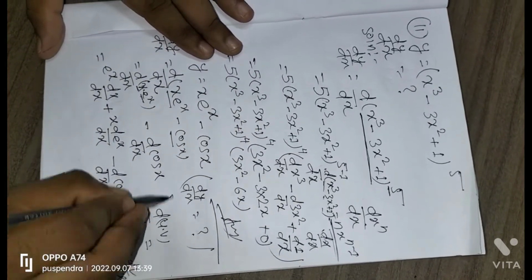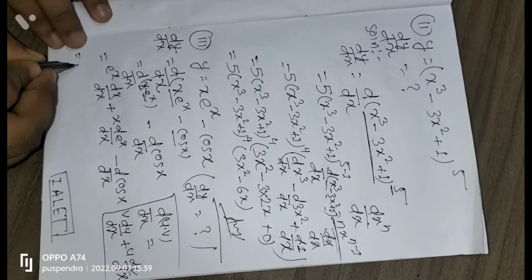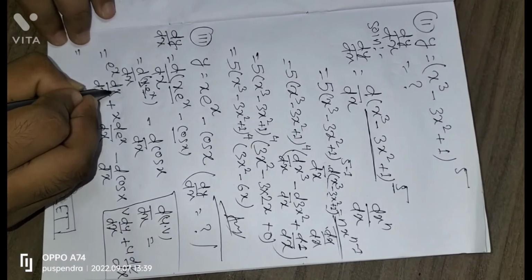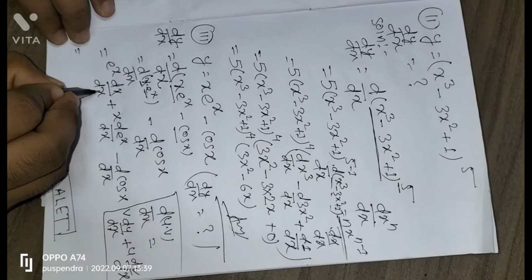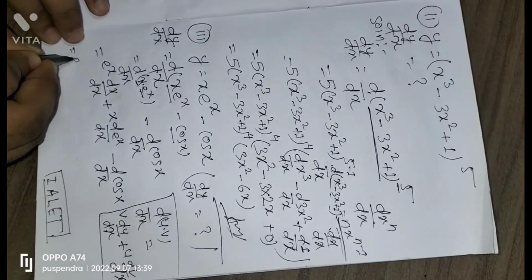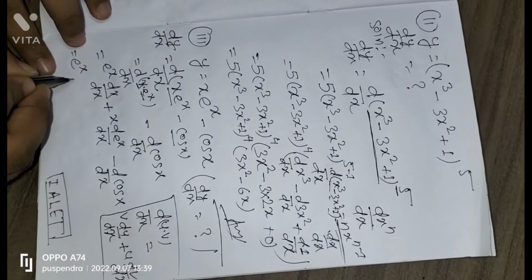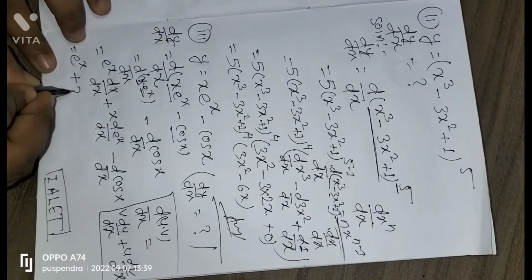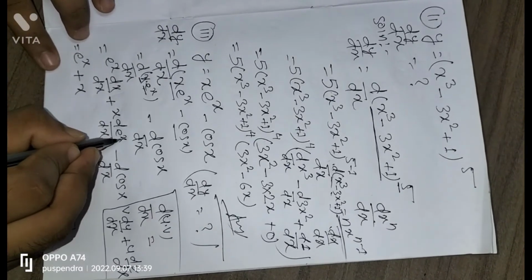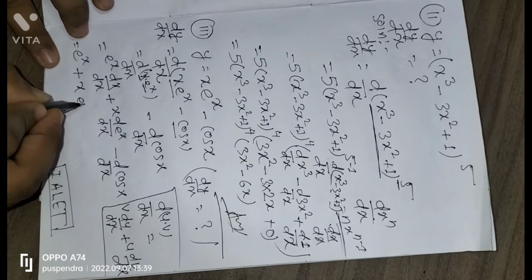This is our formula. The derivative of x with respect to x is 1. So e to the power x plus x, and the derivative of e to the power x is e to the power x only.